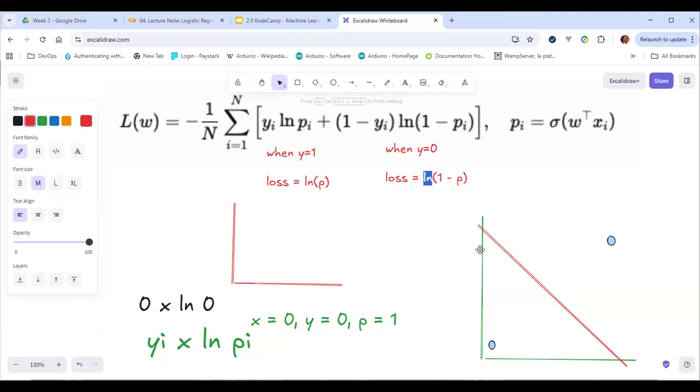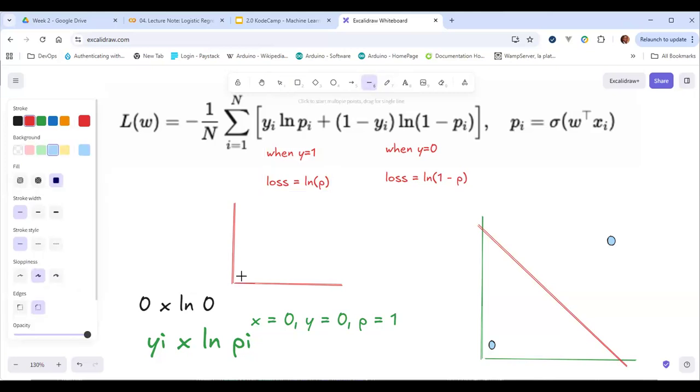So what does that mean in real terms? Let us look at the curve of ln p. The curve of ln p is basically a log. Let me see if I can sketch it. This is how a log looks, something like this.